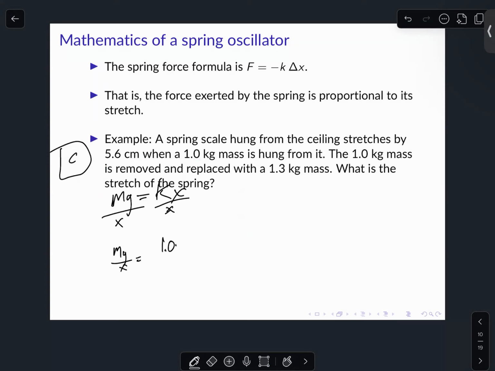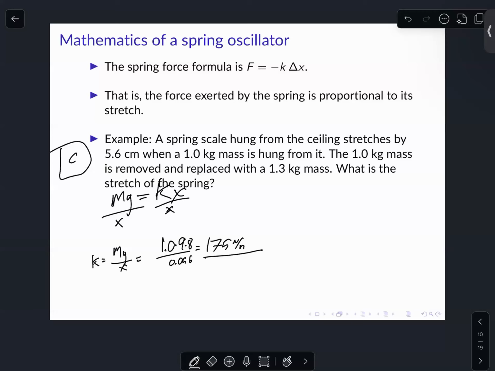mg: 1.0 times 9.8 over 0.056 equals 175 newtons per meter. That's K. Is that the answer? No, I didn't ask for K. I asked for the stretch of the spring. However, having found K, I could then calculate any given stretch.